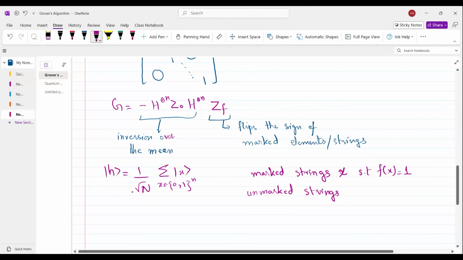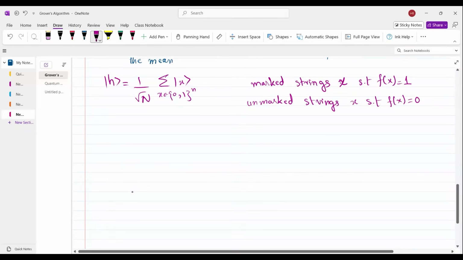Unmarked strings will be those strings such that f of X is equal to 0. So we can divide the entire set of bit strings into two sets, such that one set contains the marked strings and the other set contains the unmarked strings.